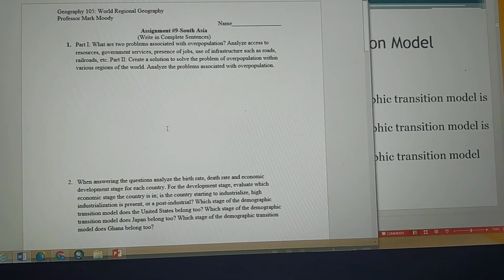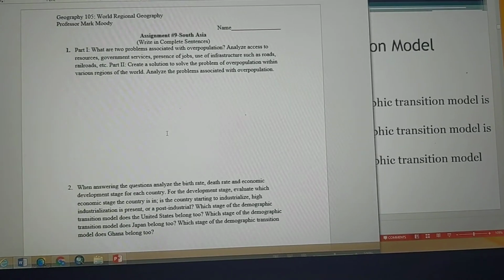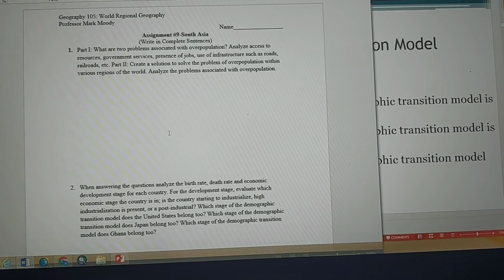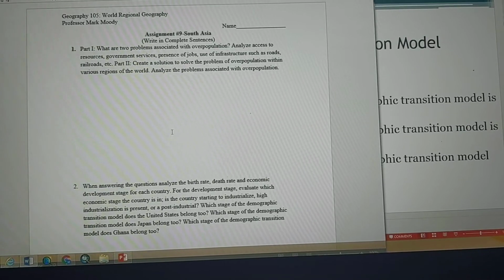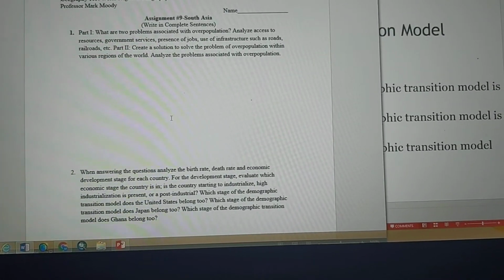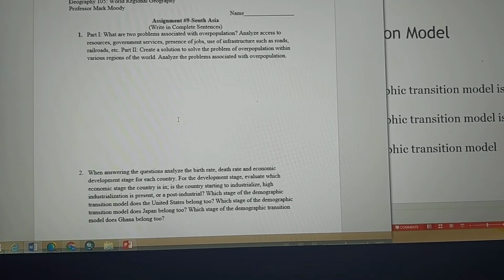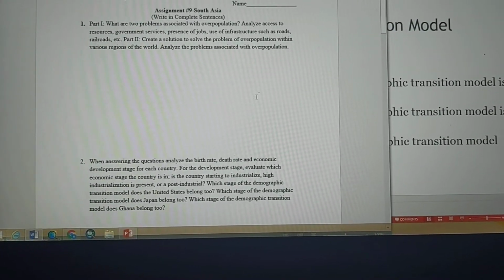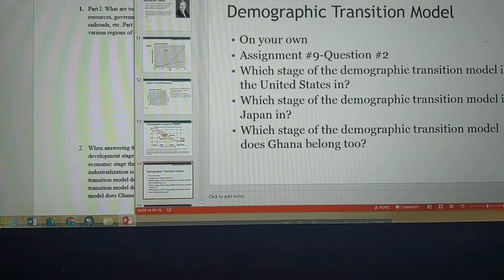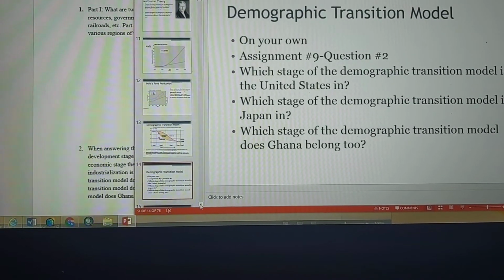Is it high or low? I also want you to look at the economic. Are they peak industrial? Are they beginning industrialization or post-industrial? Remember, no country is stage 1 where they're not industrial. So go ahead now, pause it, and then answer these questions.